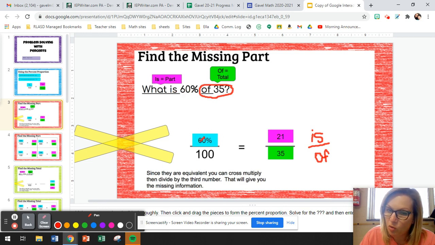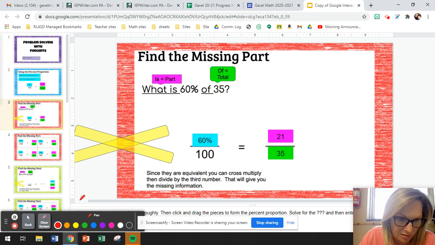Well, the percent always goes over your 100. And what is what we're trying to figure out. So this was X. But then we solved for it, which was 21. It was question marks, and you can erase those.